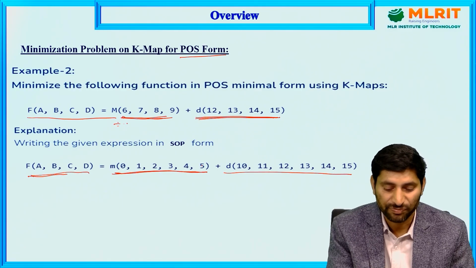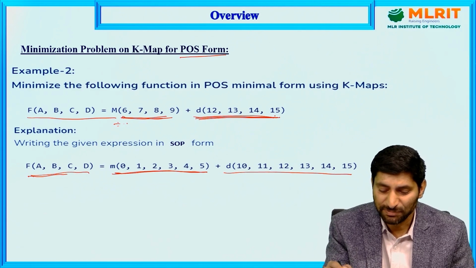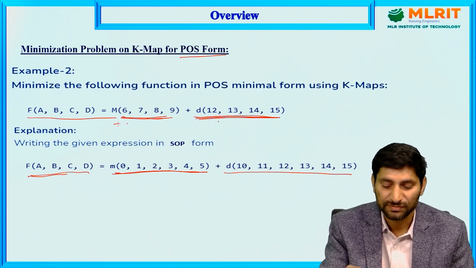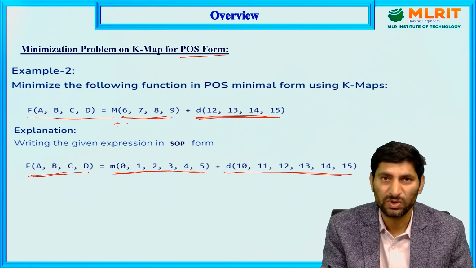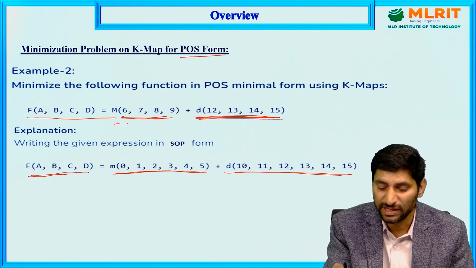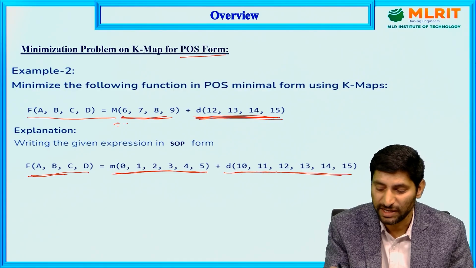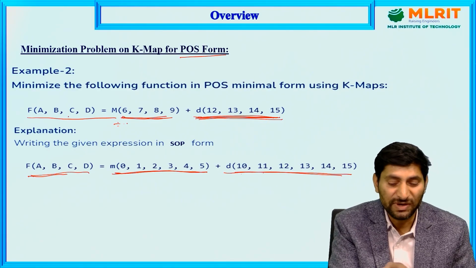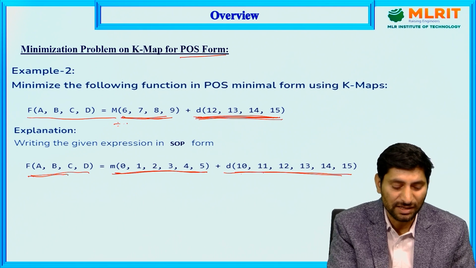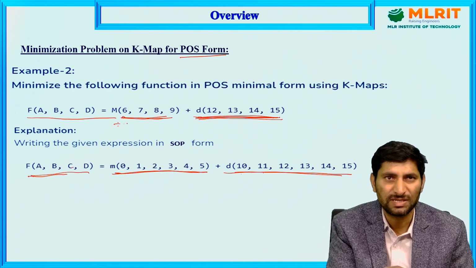And for don't care, the remaining terms will come. From 10, 11, like this, I can take any term. Don't care means I can include this, or whatever leftover terms are there, I can include here. So what I mean to say is, POS form also can be converted into SOP form and vice versa.